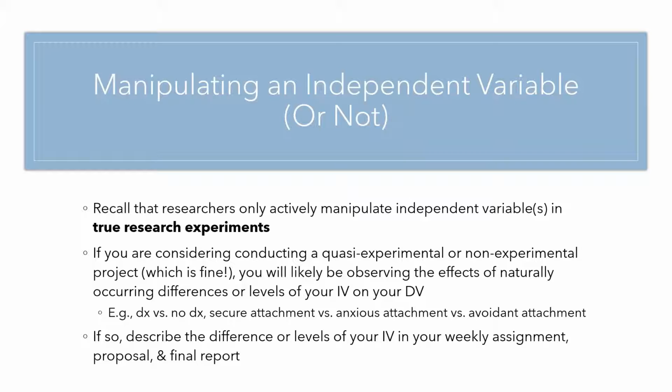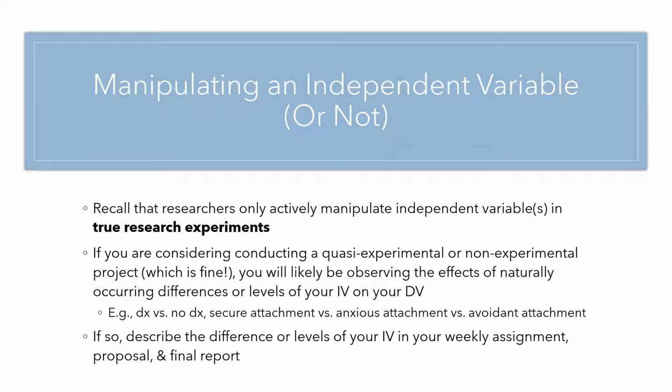If you found the task of explaining how the IV was manipulated to be difficult, it's likely that you were discussing a non-experimental design or a quasi-experimental design, as these designs are very common in psychology research. So there's a really good chance that you came across one and the study you were looking at followed one of those designs. So most of you did very well with what you were given, regardless of the confusing phrasing, and identified the independent variable correctly.